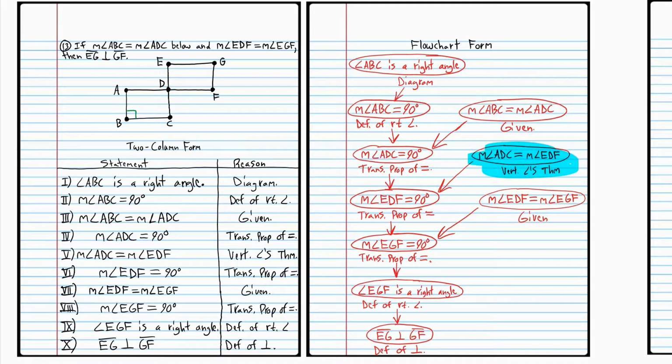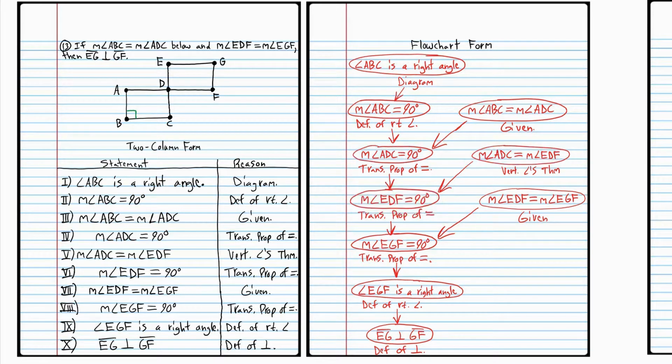By the vertical angles theorem, we know that the measure of ADC is equal to the measure of EDF. But we just proved that the measure of ADC is 90 degrees. So if this angle is 90 degrees, that means this angle must be 90 degrees also. So we combine this information with this information to get this information.